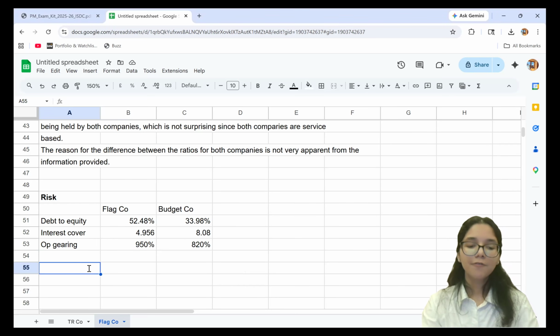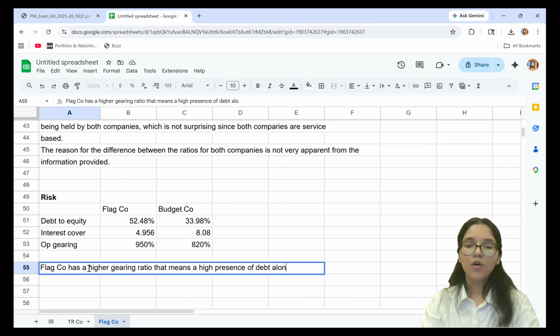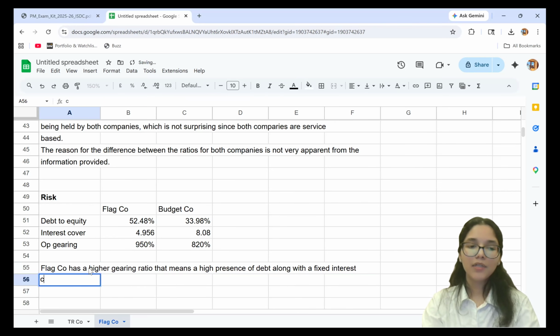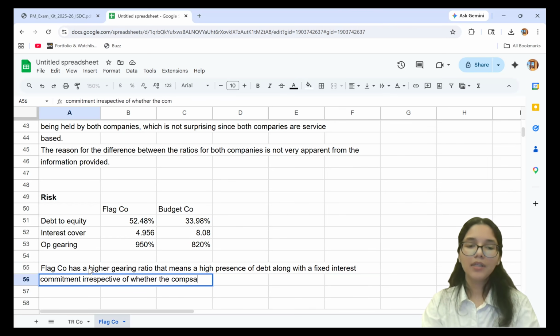So I'll say over here, flag company has a higher gearing ratio. That means a high presence of debt along with a fixed interest commitment, irrespective of whether the company makes profits or losses.